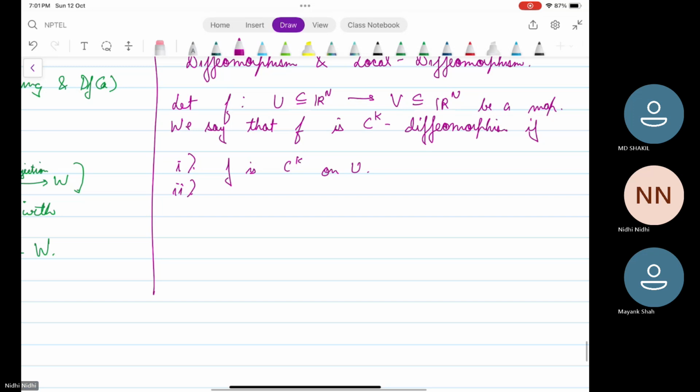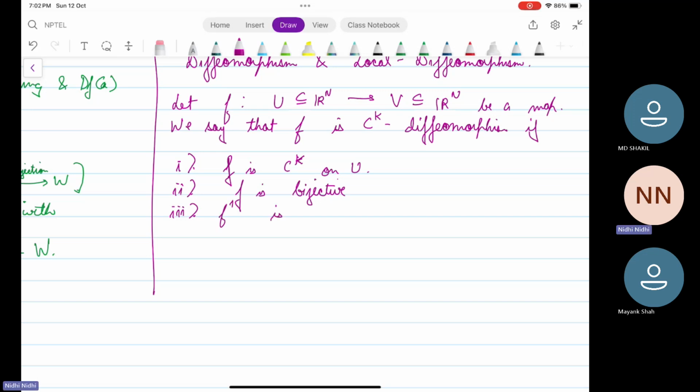Then, is the derivative continuous, or the partial derivatives? All the partial derivatives. When we are talking about just Rn, in that case we say the derivatives. Secondly, f is bijective. Thirdly, f inverse is also Ck.